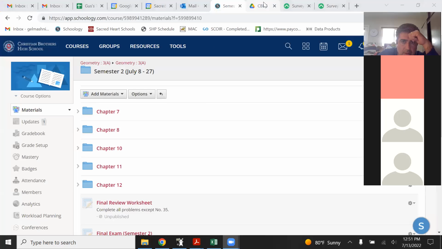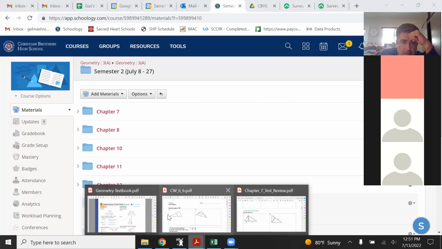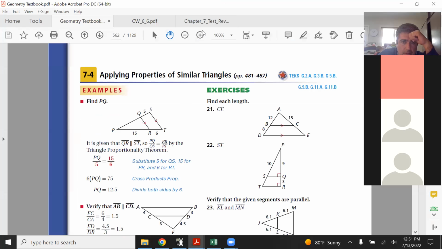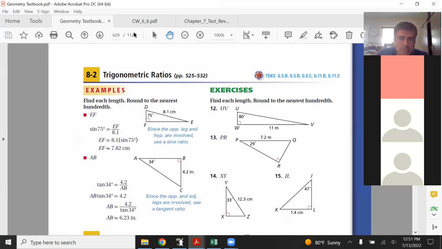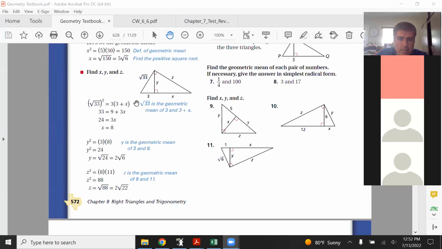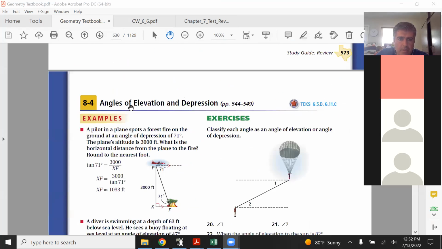Let's see here. That's trig. Okay, then the trapezoid and kite stuff.